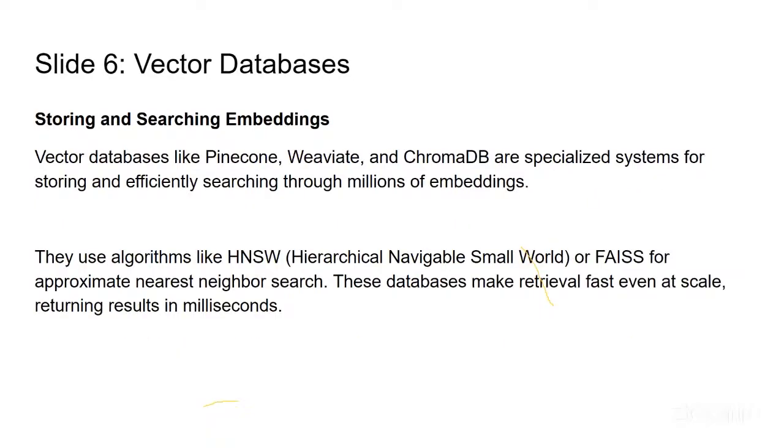There are various vector databases like Pinecone, Weaviate, and ChromaDB. They use algorithms like HNSW, hierarchical navigable small world, or FAISS for approximate nearest neighbor search. So how do you fetch the results which are close? Some of these algorithms are used, and these databases make retrieval fast, even at scale, returning results in milliseconds.